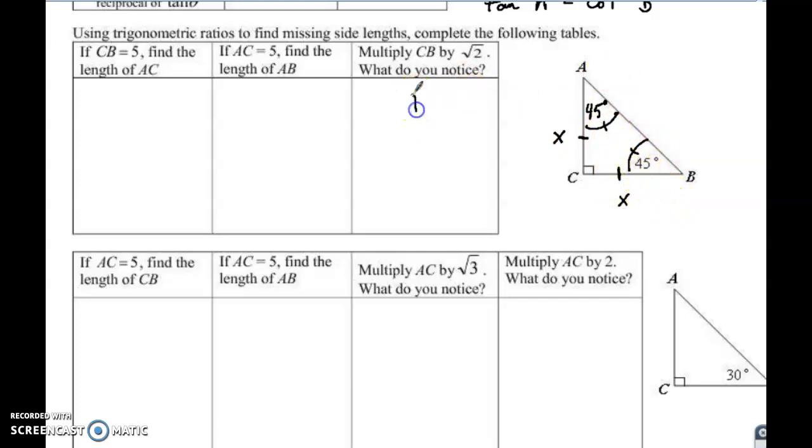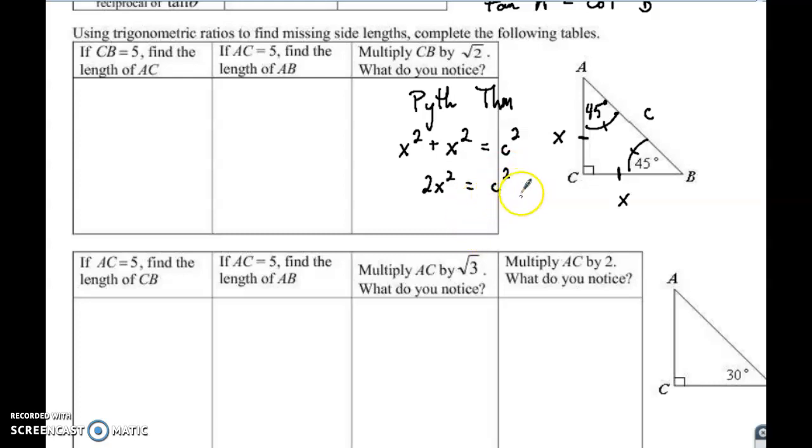And then we could do the Pythagorean theorem. If you forgot the Pythagorean theorem, that would be a squared plus b squared equals c squared. The only thing is the two legs are identical. So x squared plus x squared must equal, I'll just call this c for the Pythagorean theorem. So what we have is 2x squared is equal to c squared.